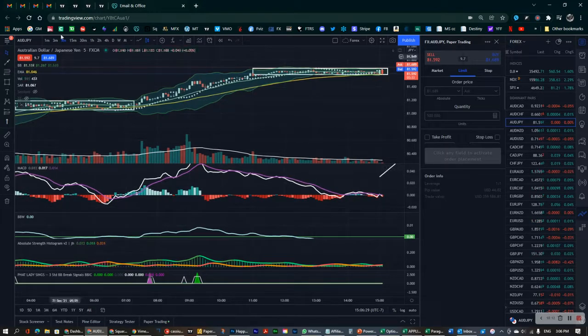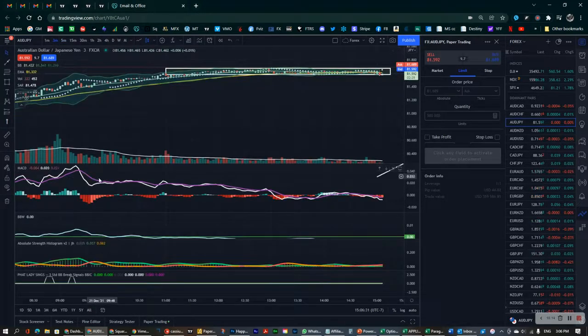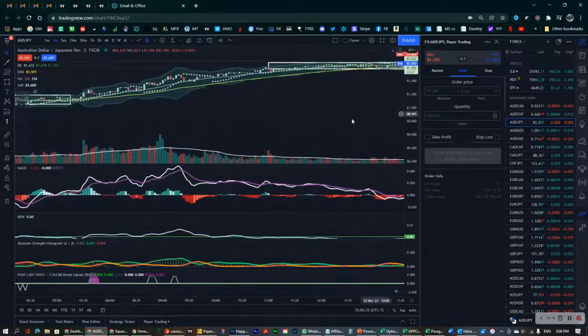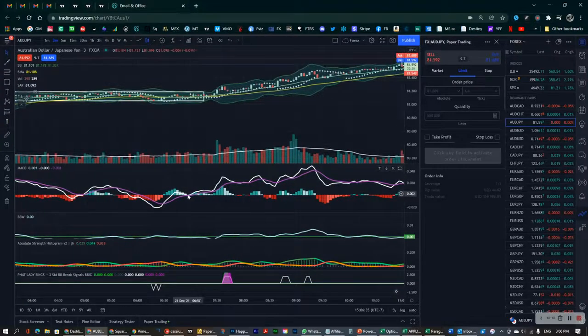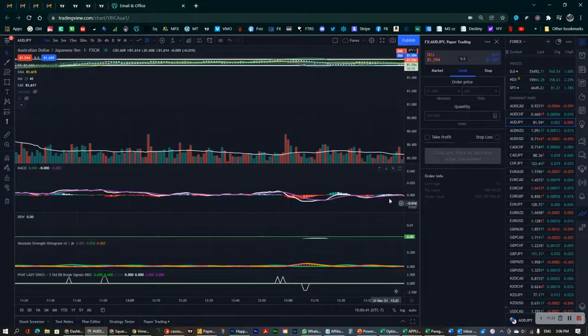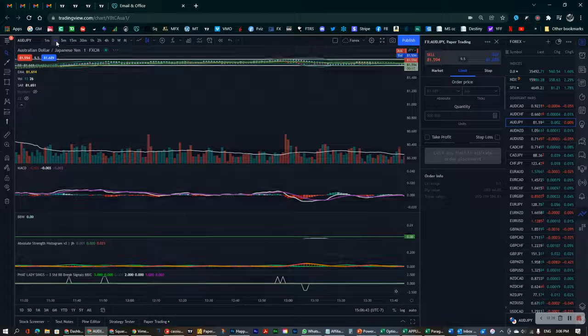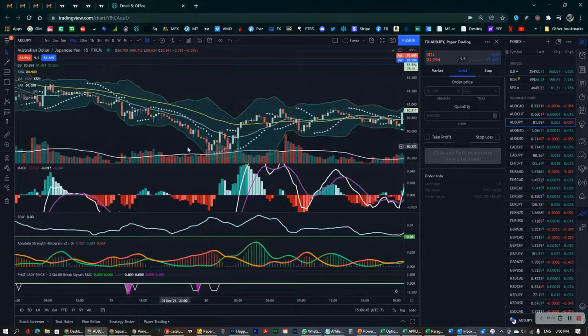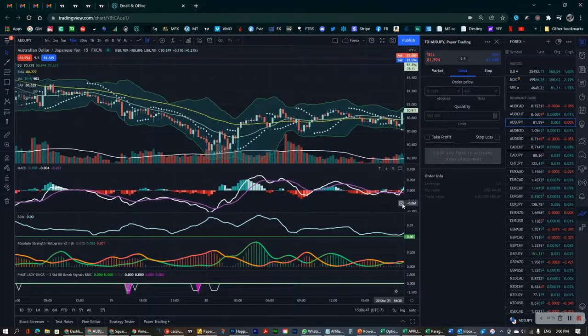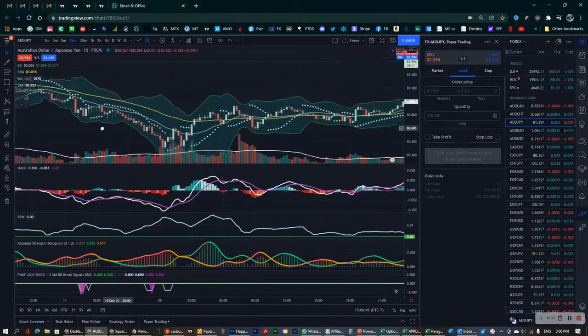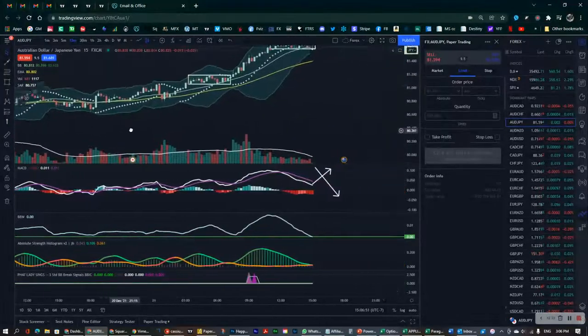As we're coming out of that base, I'll go to the 3 minute, which is right here. It shows the same thing. 1 minute, I really won't go to because it's so fickle. But I want all of these time periods to agree that it is diverging and going in the direction I want it to go in.